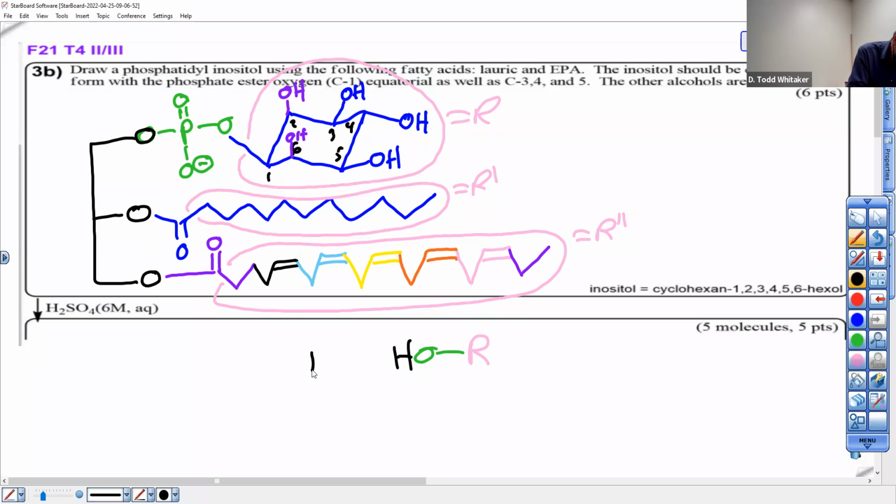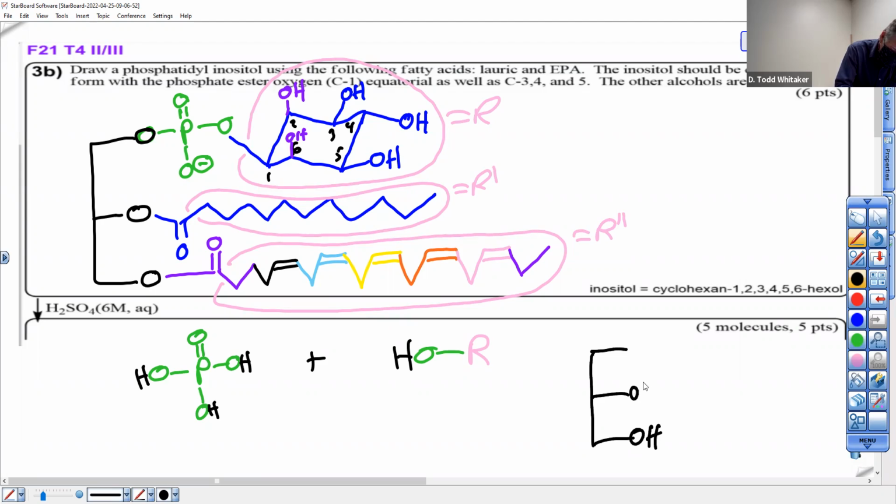Now in 6 molar sulfuric acid, you better believe phosphoric acid is fully protonated. Fully protonated. And these acids are fully protonated, and glycerol is fully protonated. Glycerol is glycerol. And carboxylic acid 1.